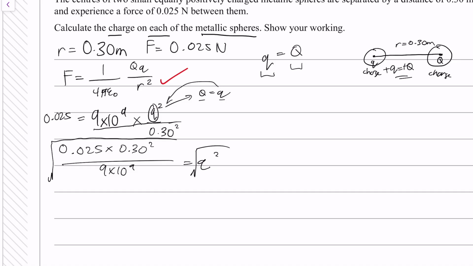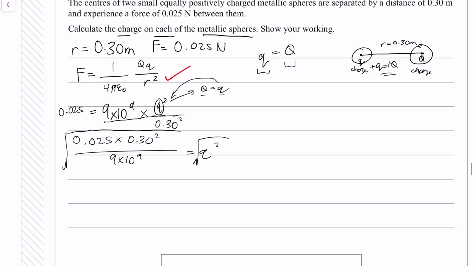And so I'll put that in my calculator now and see what I get. And I get a value of Q equals 5 times 10 to the negative 7 coulombs, or 5.0.